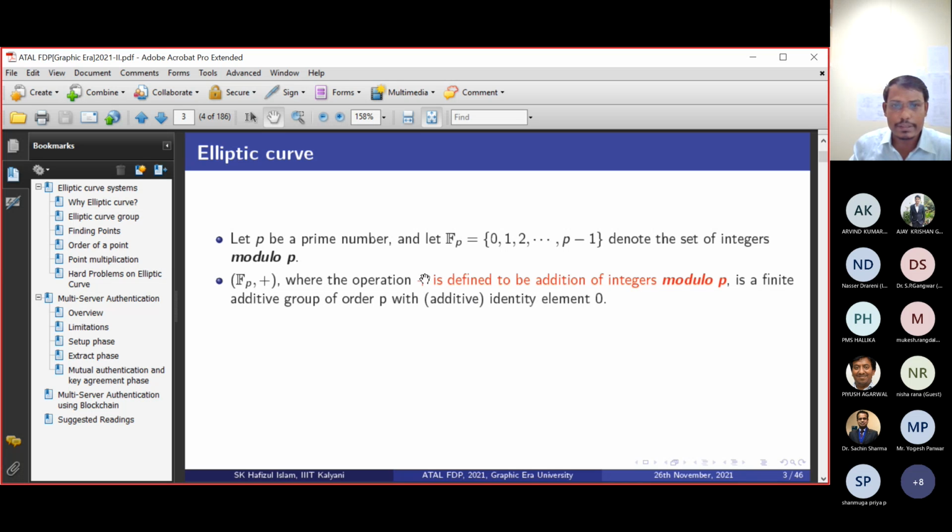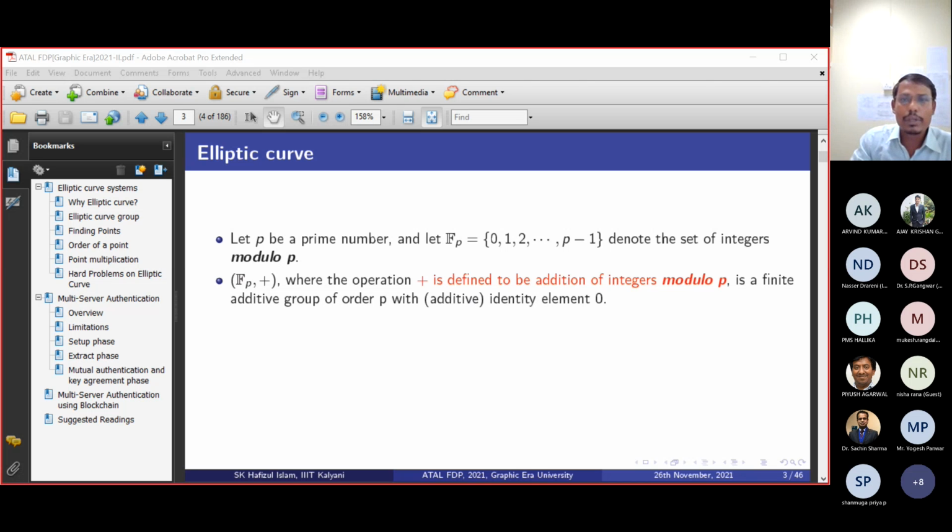This forms a group, that means it will satisfy the properties of a group. The properties of a group are the following, which I will discuss later: closure, associative, identity, and inverse.